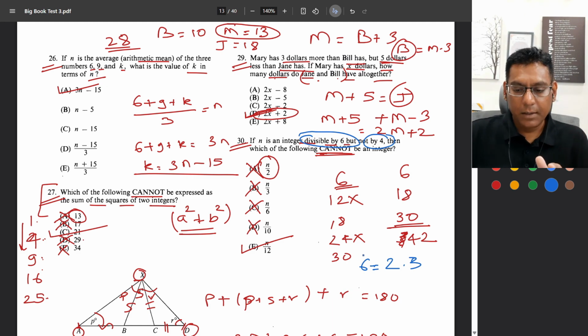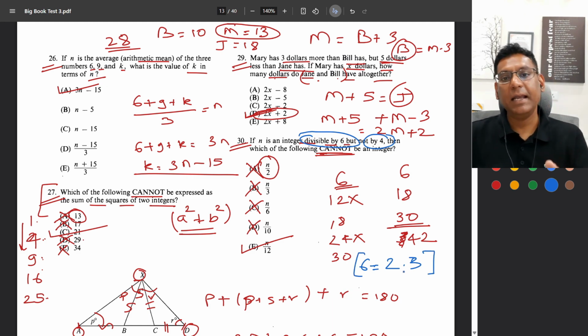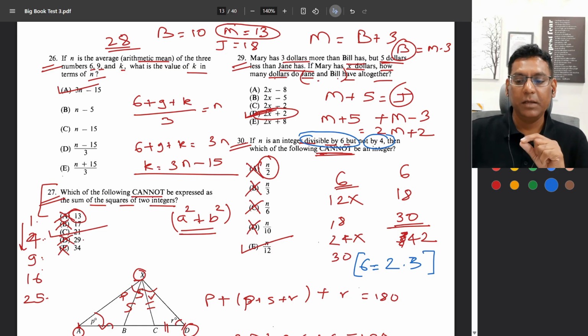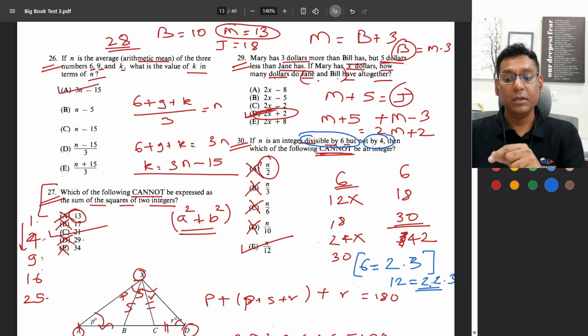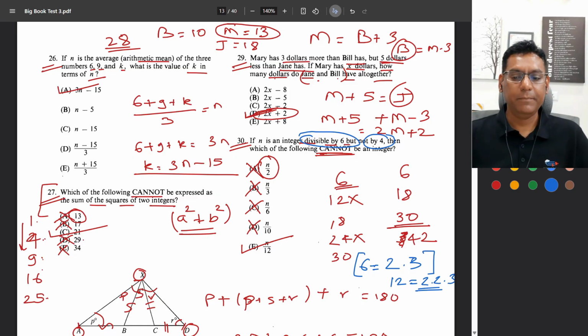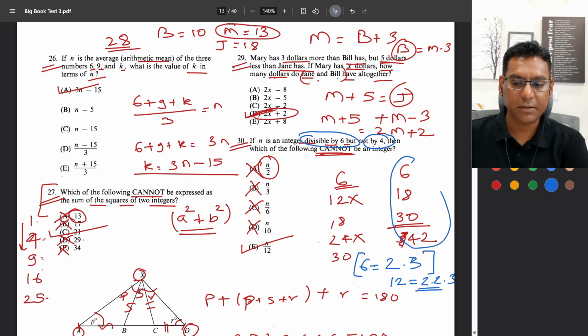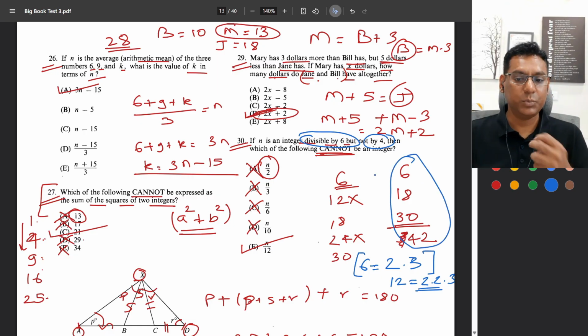When it does not have another 2. Because if it had another 2, for example 12, if you factorize, you get 2 into 2 into 3. Whenever there is another 2, it also becomes divisible by 4. So we are skipping those cases. That is the logic of why this is working.